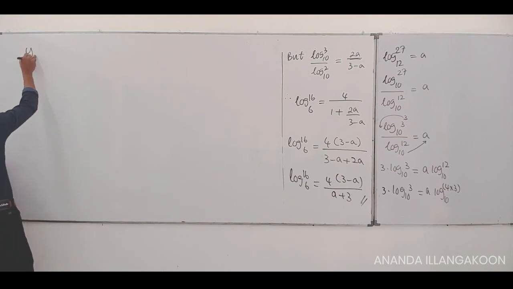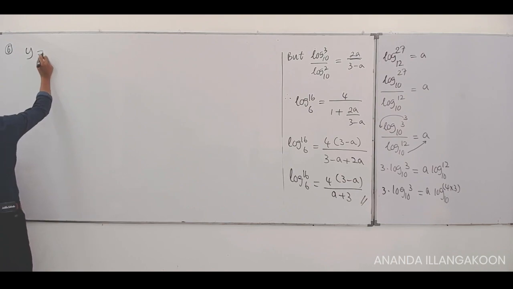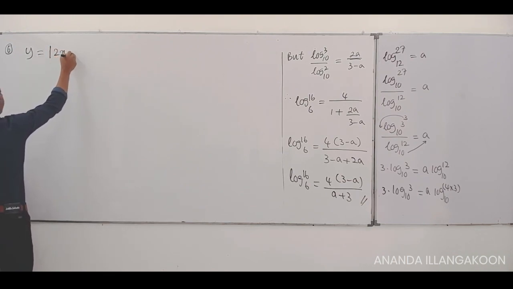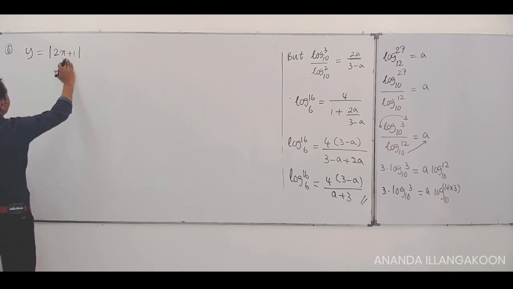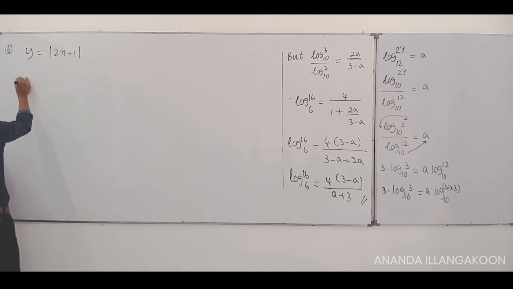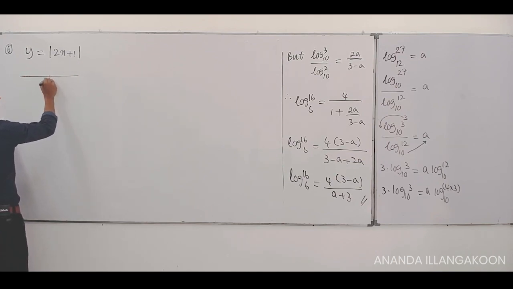y equals mod 2x plus 1. When you define this mod 2x plus 1, it changes at x equals minus half, no? How do you get that?